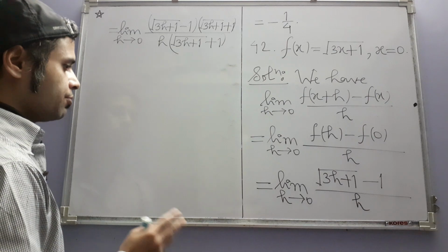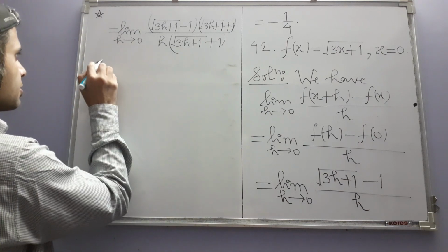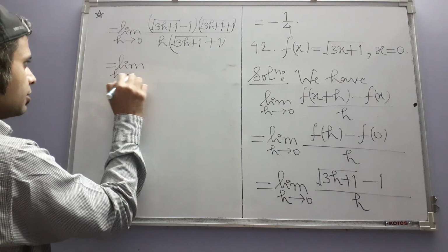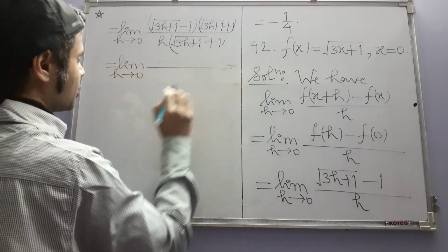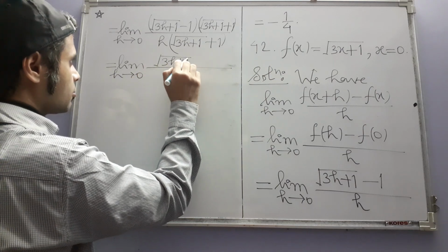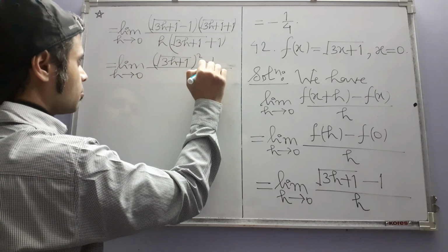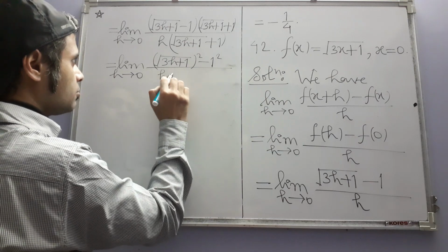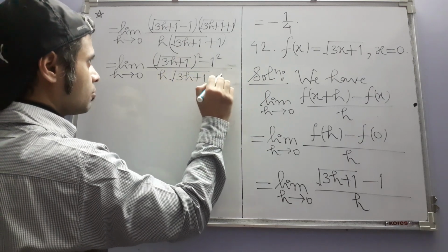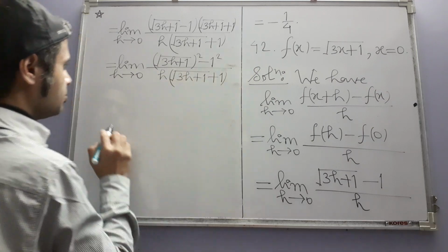How that is non-zero we have already seen in exercise 30, so I am not going to elaborate on that anymore. But now the numerator becomes this, and this is the denominator.